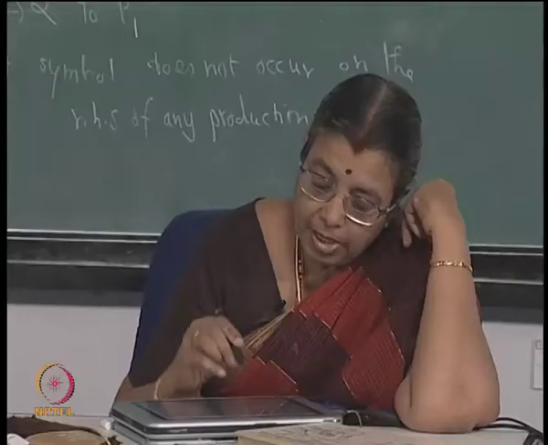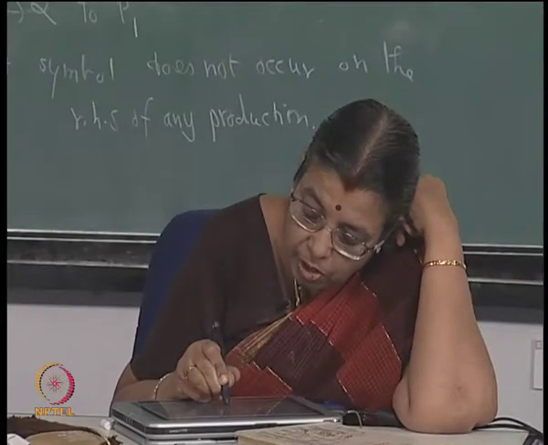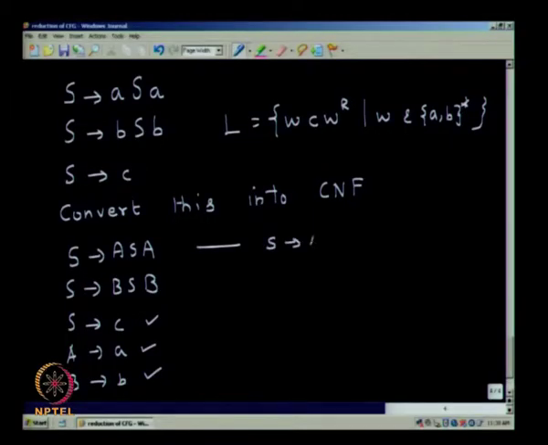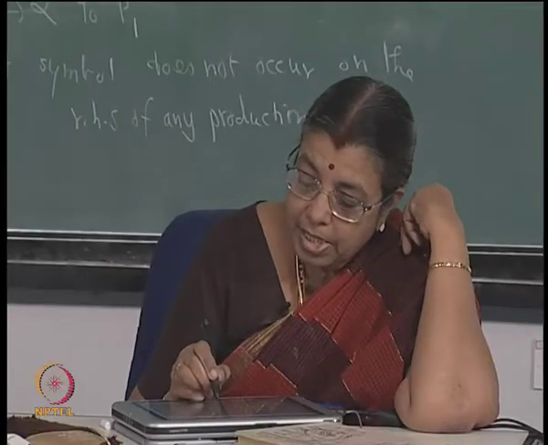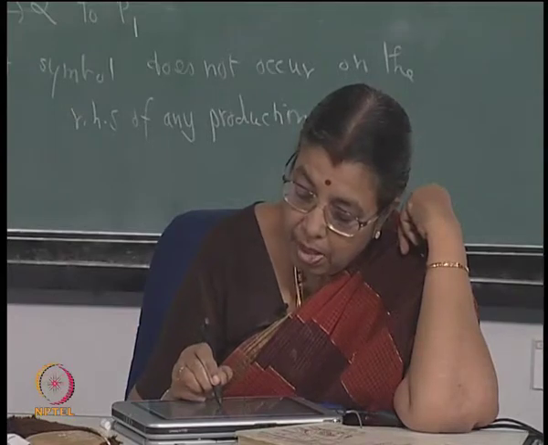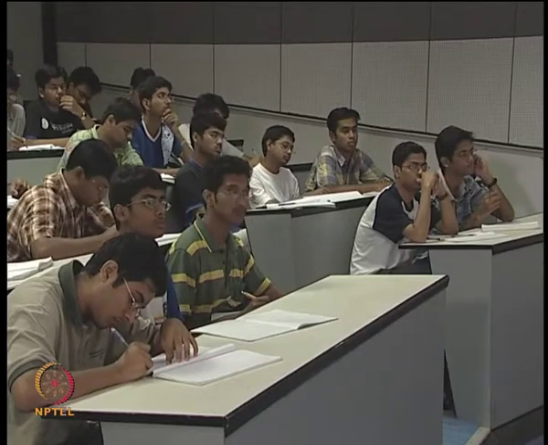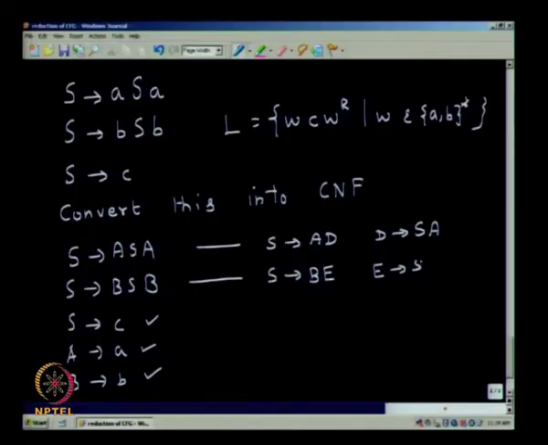So, when you want to convert this, what do you do? You introduce a new non-terminal, and instead of this you will have S goes to AD, D goes to SA. Now, when you want to convert this rule, introduce another non-terminal E, not the same, you should not use the same D. S goes to BE, E goes to SB.